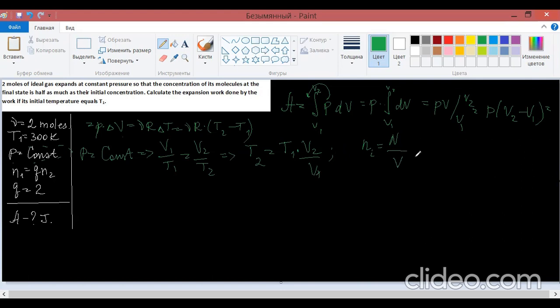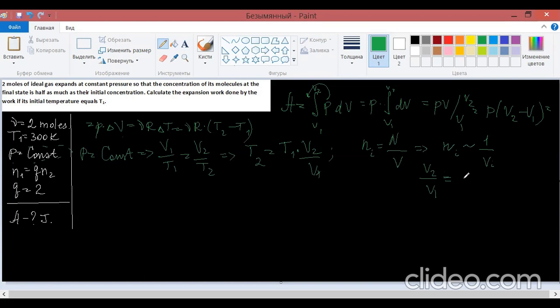And from this, we can infer that the concentration of molecules is inversely proportional to the volume occupied by the gas. And that means that V2 over V1, we can substitute with the concentrations of the molecules, right?